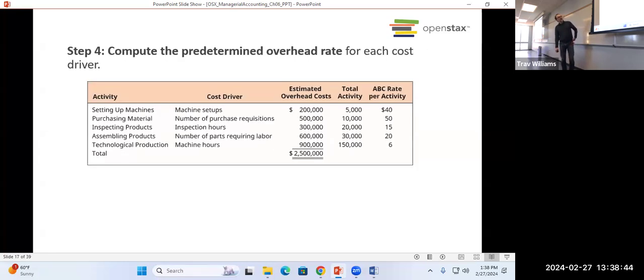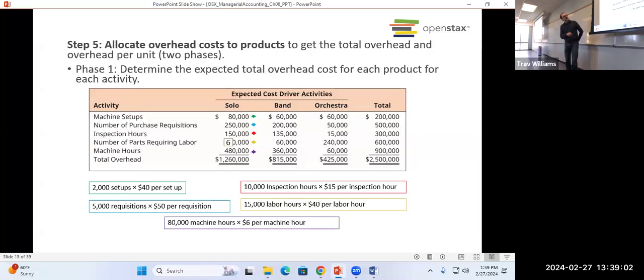So that's what we see here. Oh, this is the division. We're taking the overhead costs in each of these 5 categories divided by the activity in each category to get the rate for that category, right? And then we take the actual activity, multiply it by the rate.